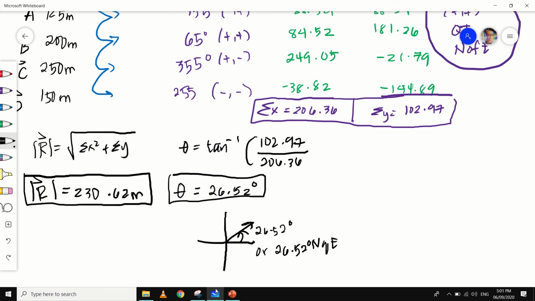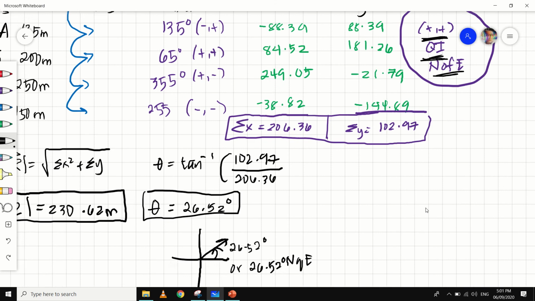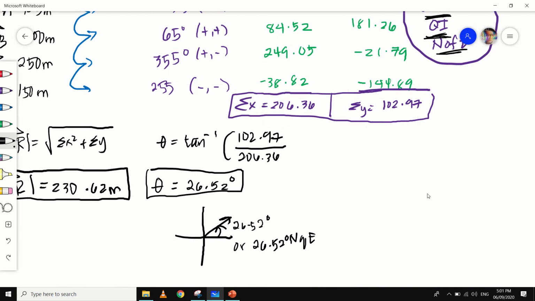Now, do we have to use vertical angles at this point? Definitely hindi na dahil balikan lang natin itong may violet na nakabilog. Q1 dapat daw siya nasa positive ang x and y and then north of east siya. So, tingnan natin. Ayan, you don't need anymore to use your vertical angle. So, your angle with bearing is 26.52 degrees north of east. Angle in standard position, as I've mentioned a couple of times, north of east is already in standard position.